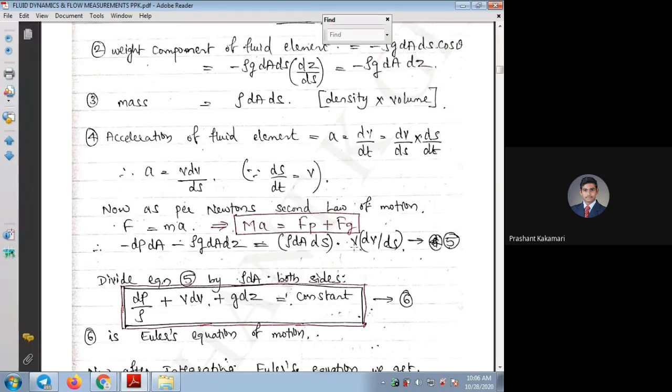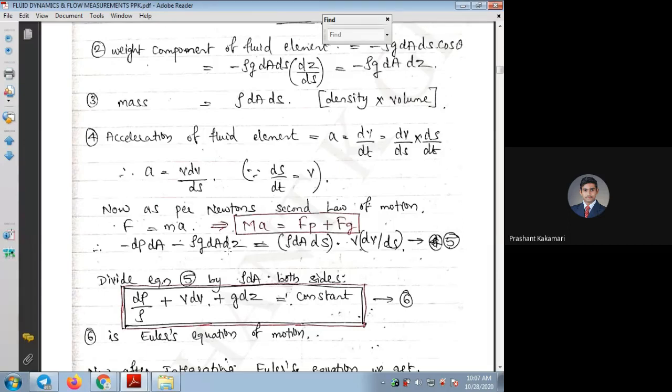And on the other side, we have v into dv by ds. Considering all these terms and dividing the common terms, we get v dv and g dz. The g dz term is divided by rho into dA, so I get g into dz.